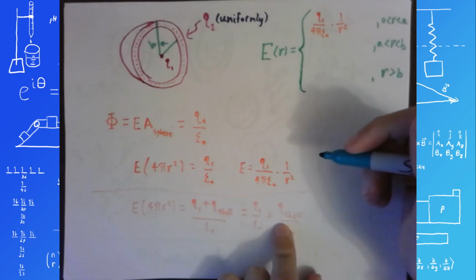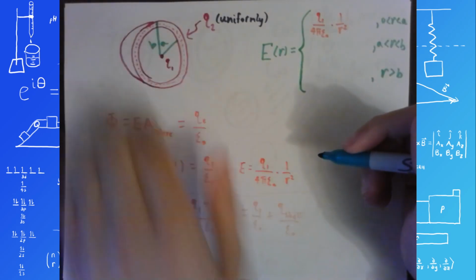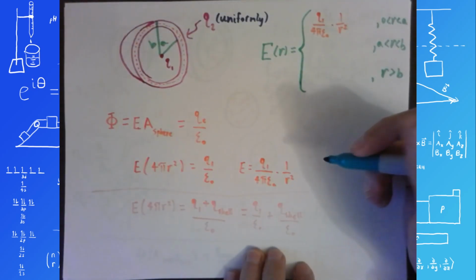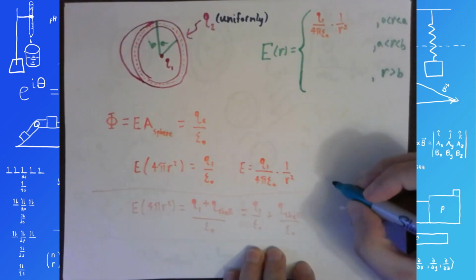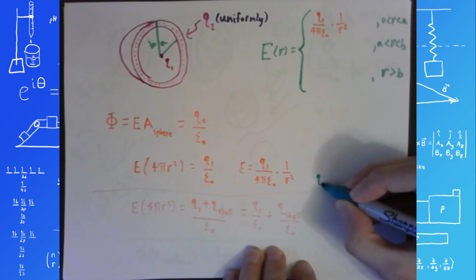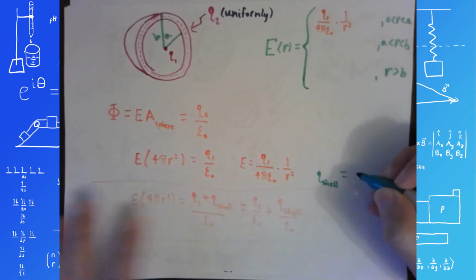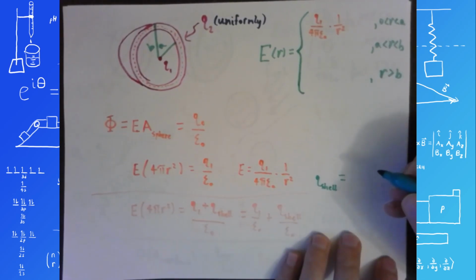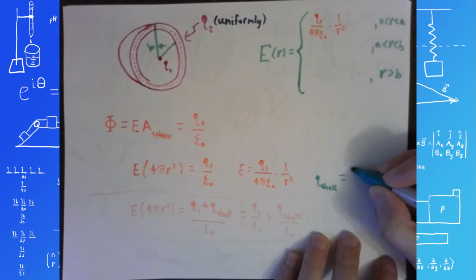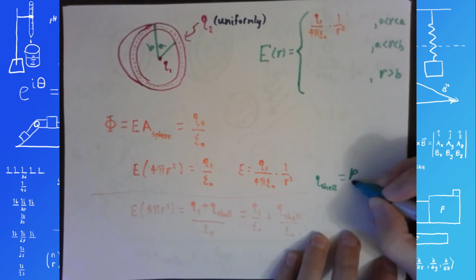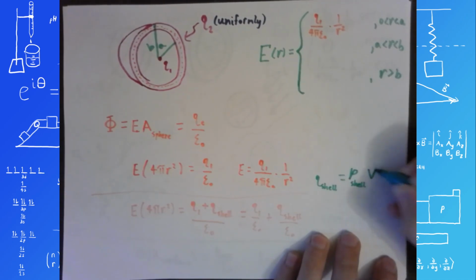So, in order to figure this out, we need to figure out how much volume of our shell is enclosed. So I'm going to say Q shell is equal to the volume density of the spherical shell times the volume of the shell that's actually enclosed.